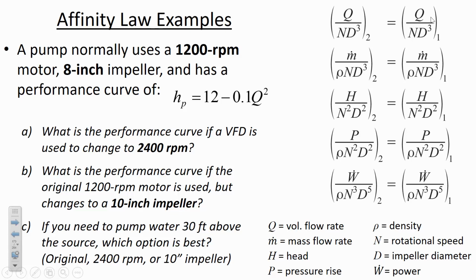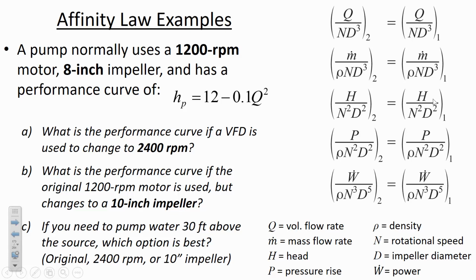But the head situation doesn't scale quite as simply as that. So what we're going to do now is take this and substitute it into the other affinity law, that middle one. Let me just erase this stuff that was up here at the top, the constants.